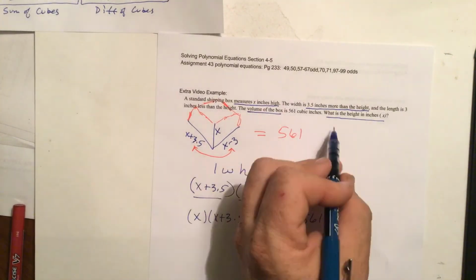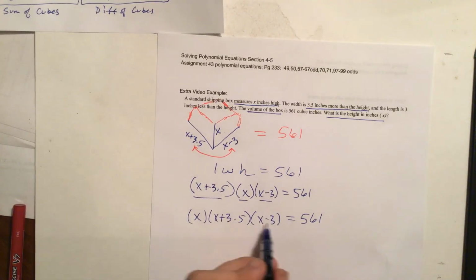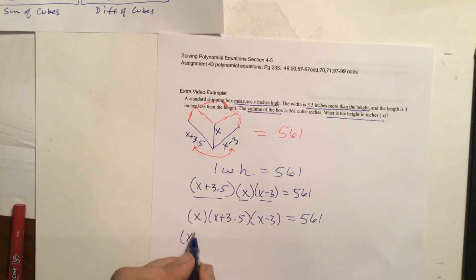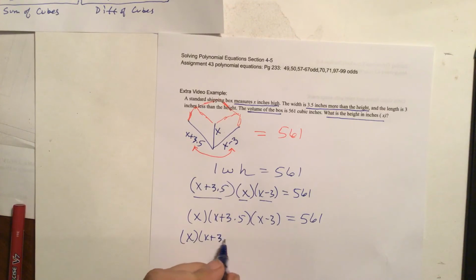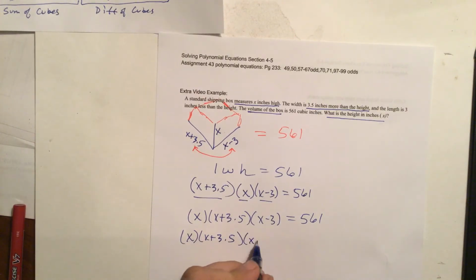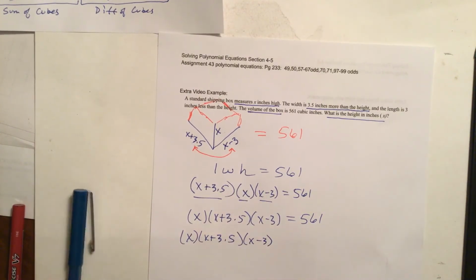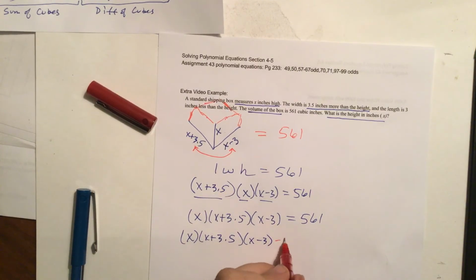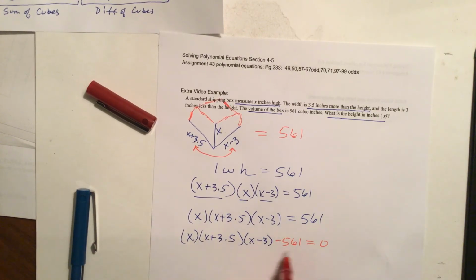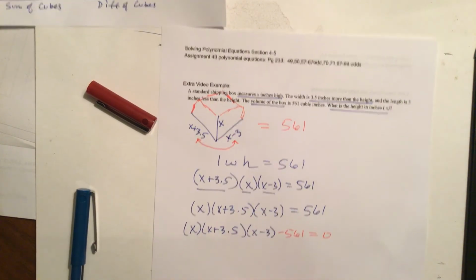So we know to find an x, I got to set it equal to 0. So let's move this thing over. X times x plus 3.5 times x minus 3 minus 561 equals 0. This will not be an easy equation to factor.